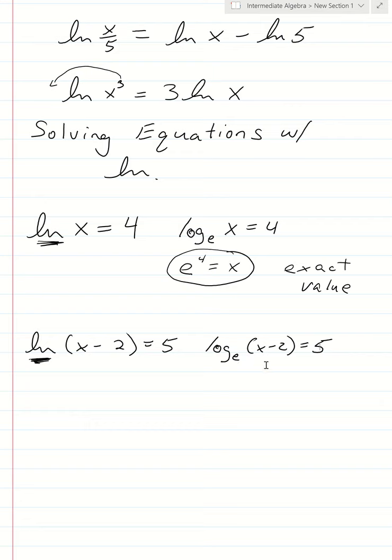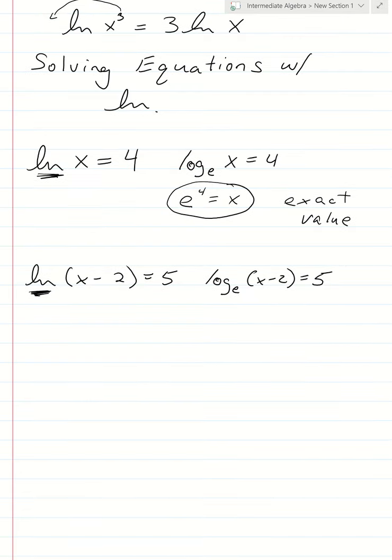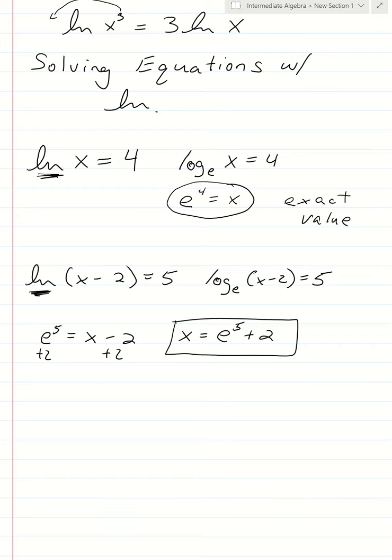Let's take the logarithmic form and write it into exponential form. Exponential form tells me to take the base e, raise it to the 5th power, and that has to equal x minus 2. Now we have to get x by itself, and right now x is being subtracted by the 2. So let's add the 2 over, in which case we would get x equals e to the 5th plus 2, and that would be the exact value of x.